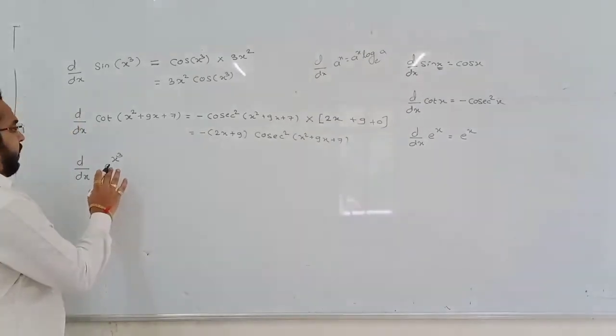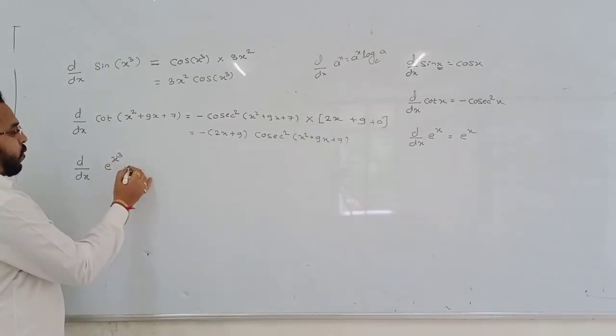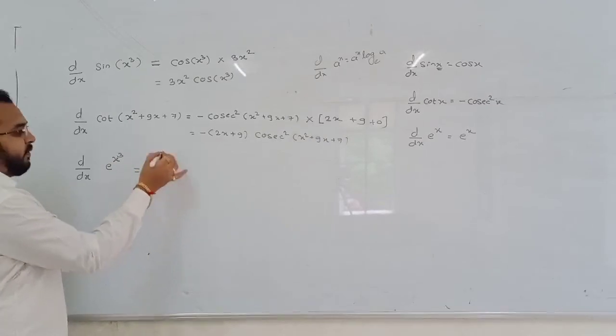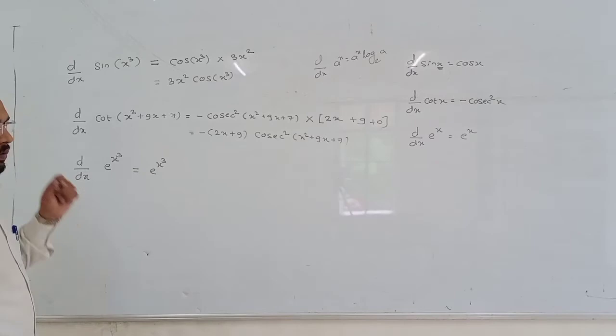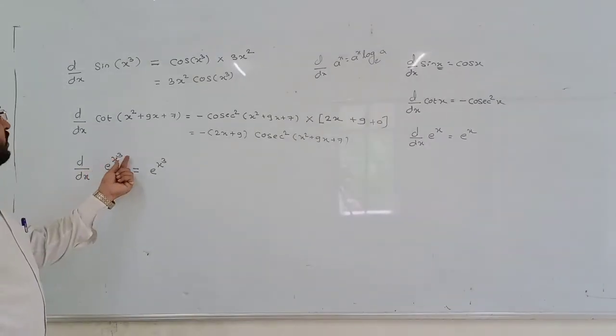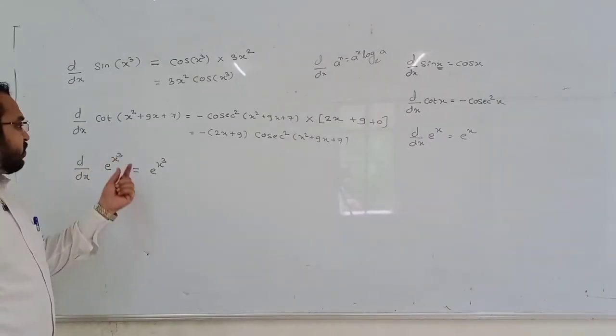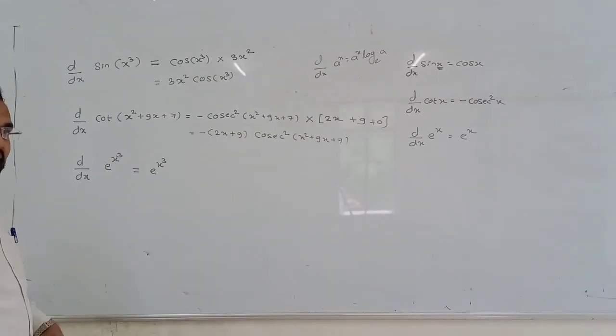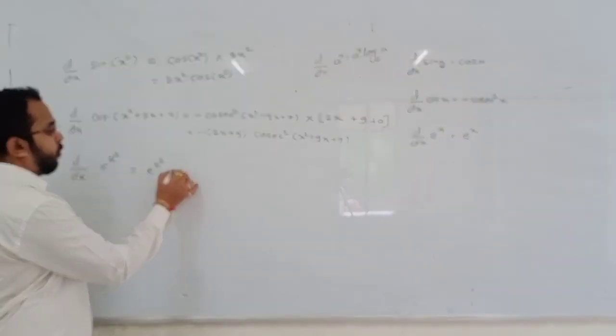So here e to the power x cube, what will be the differentiation? It will be e to the power x cube itself. But this something is not x. It is something other than x. So we have to differentiate it again in the product. So what is the differentiation of x cube?